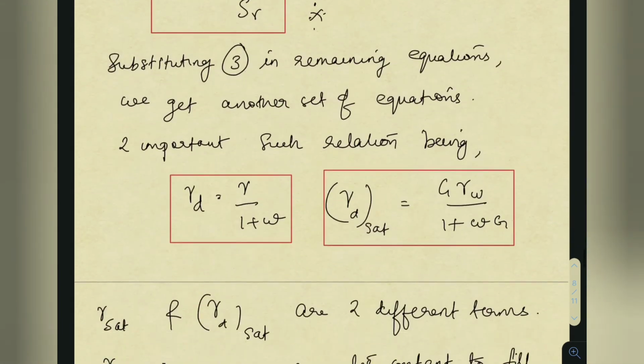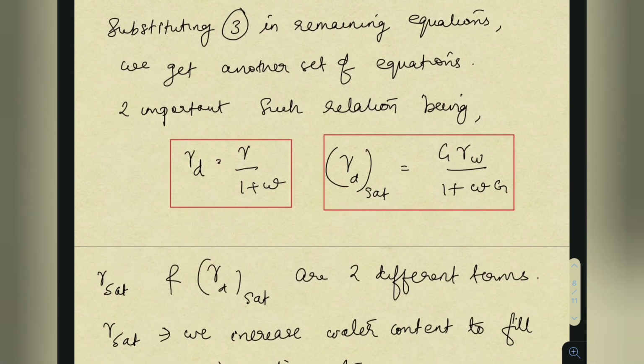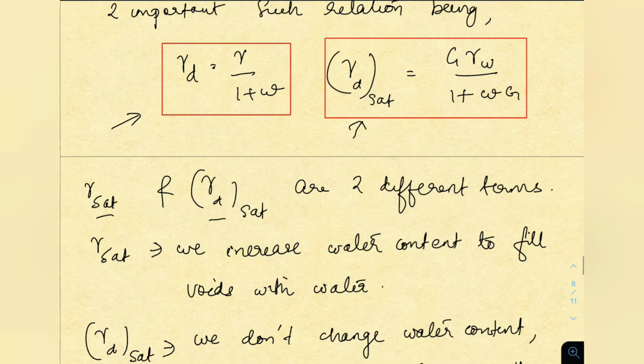you will have another set of equations, of which two important relations you get, that is gamma d is equal to gamma by 1 plus w, and gamma d saturated is equal to G gamma W by 1 plus wG. See, gamma sat and gamma d sat are two different terms. Gamma saturated means that we are increasing the water content in order to fill all the voids.